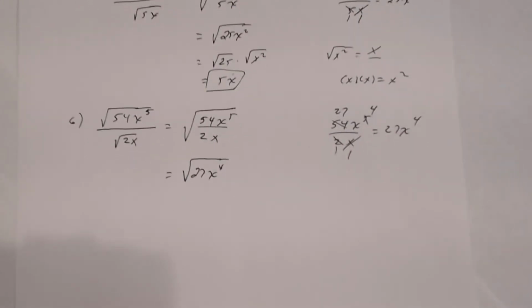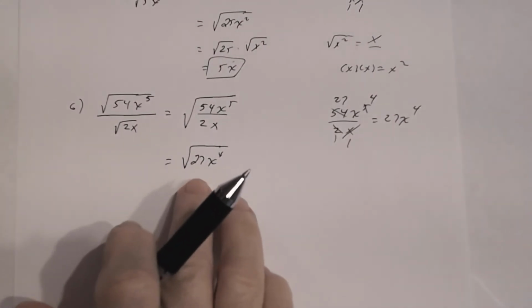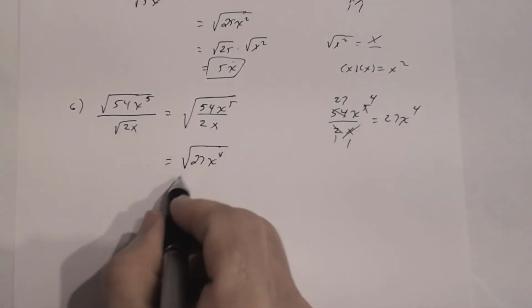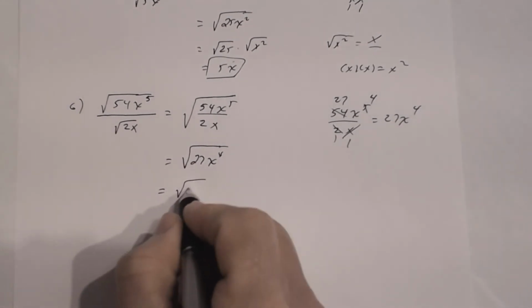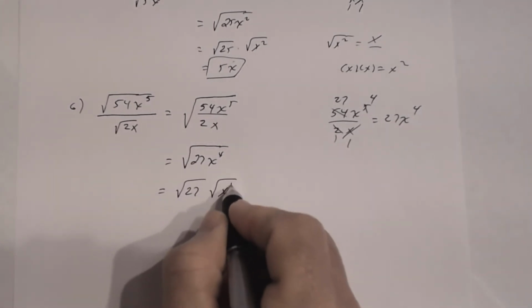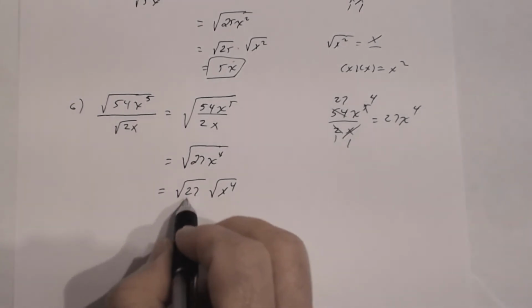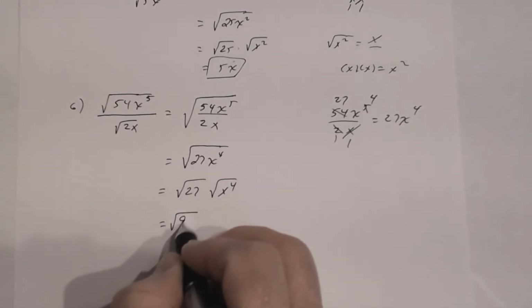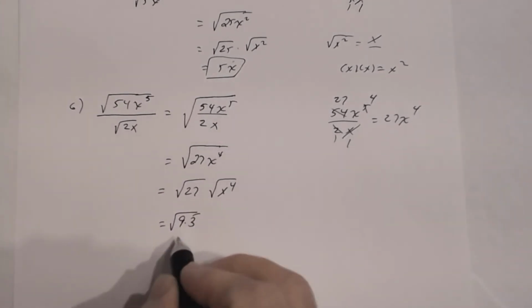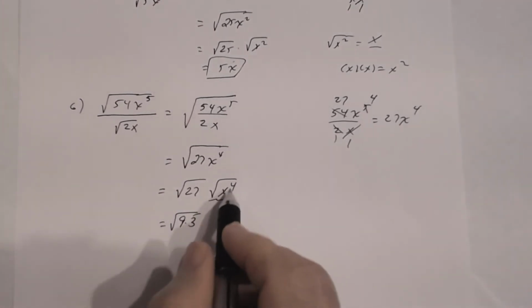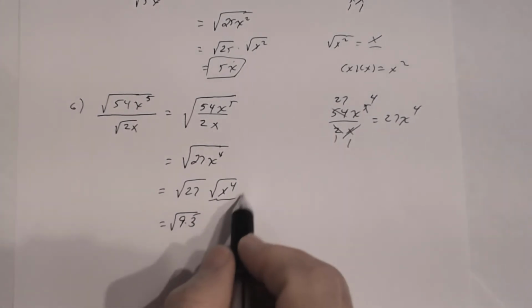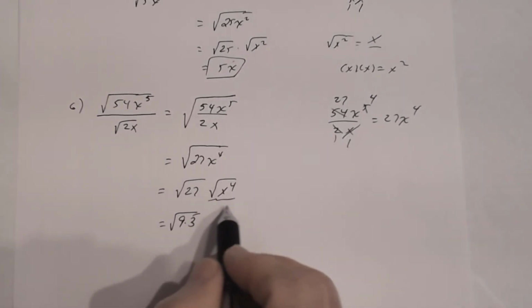Okay? All right, now using product rule, because we've got to simplify this, I can write this as the square root of 27 times the square root of x to the 4th. Okay? And so what perfect square goes into 27? Because I can simplify this, that's going to be 9. So it'll be the square root of 9 times 3. And this right here, since the exponent is even, that's going to be easy. I can simplify this now.